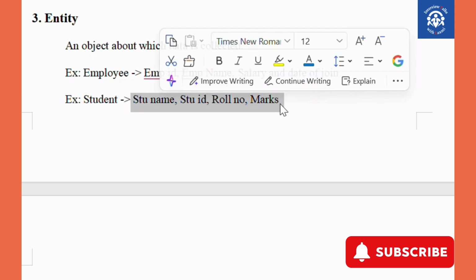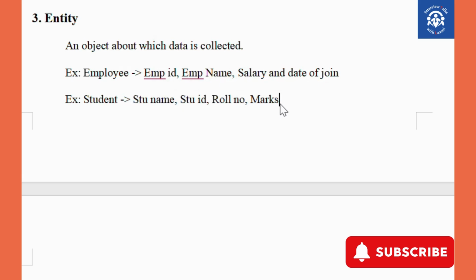These are all what we can call attributes. Let me write so that you will get clarity. These are called attributes for the entity called student. So this is what an entity. I hope you understand.